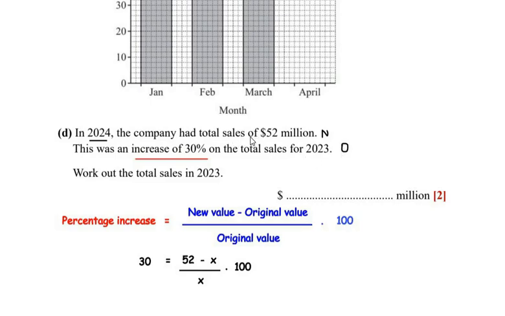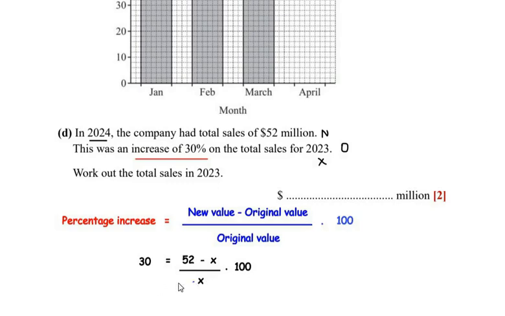So we need to find out the total sales in 2023, and since we do not know the total sales in 2023, let us consider it as X. So here in this formula we have written 30 is equal to, in place of new value we have 52 minus the original or the old value X divided by X times 100.